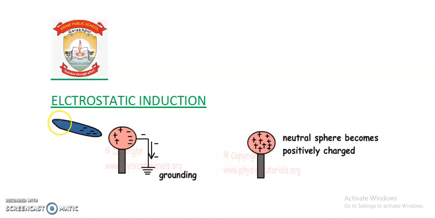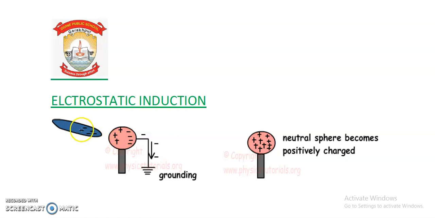In this figure we can see the negatively charged rod is kept in the vicinity of this uncharged metallic sphere. Initially this metallic sphere was uncharged. When it is done, these negative charges will attract the positive charges, which are positive ions actually, created by losing the electrons from the parent atoms.